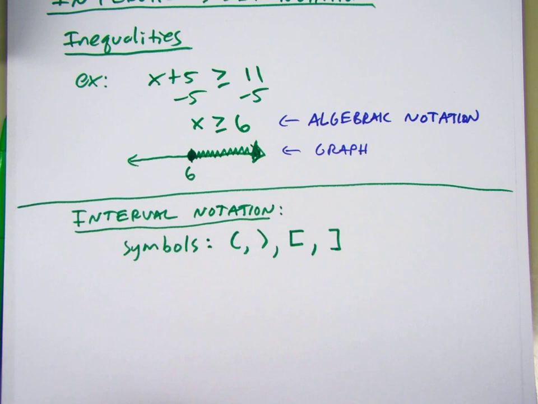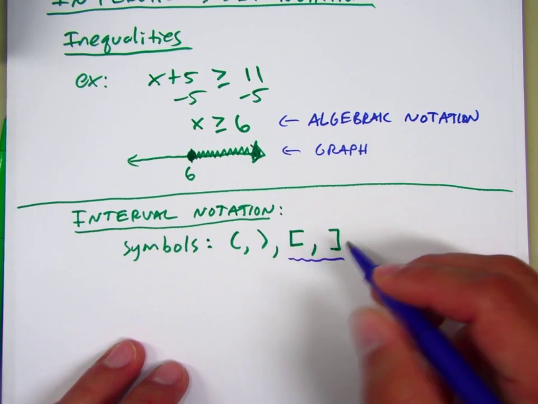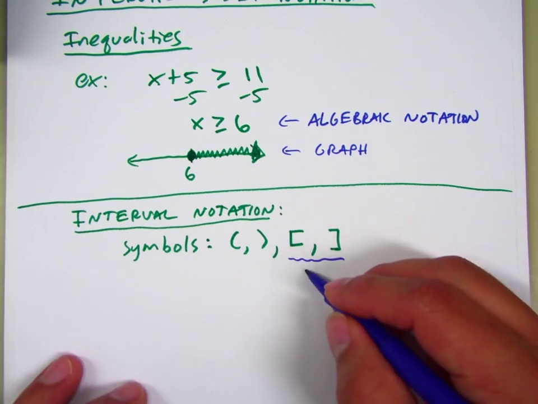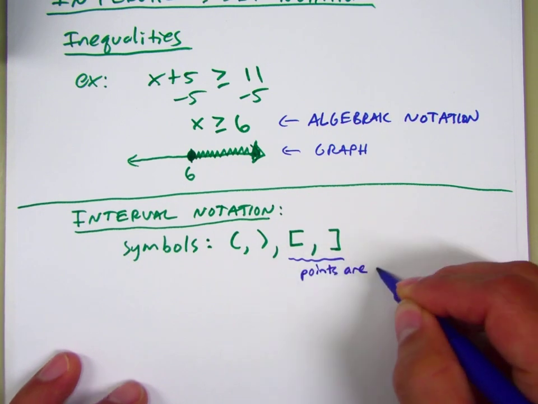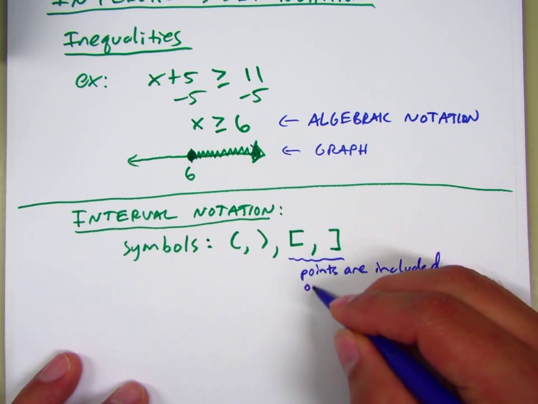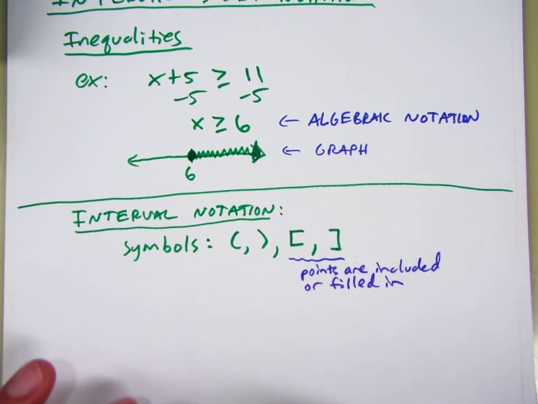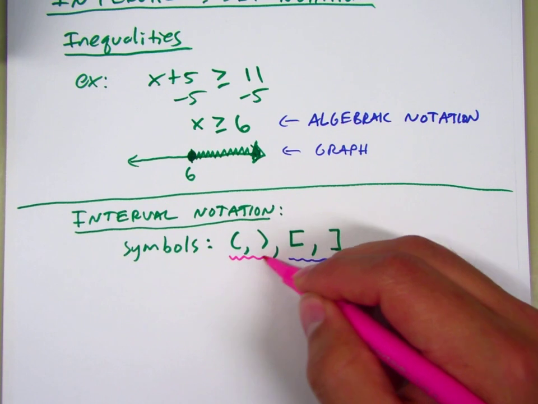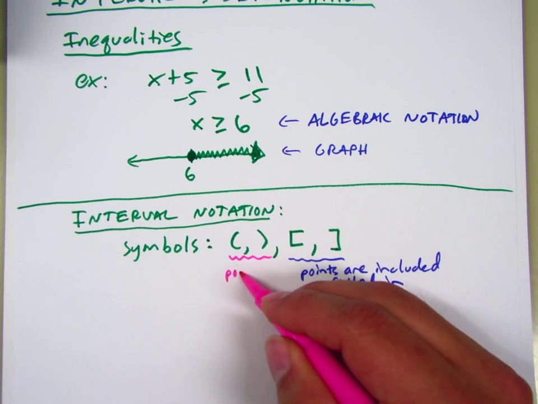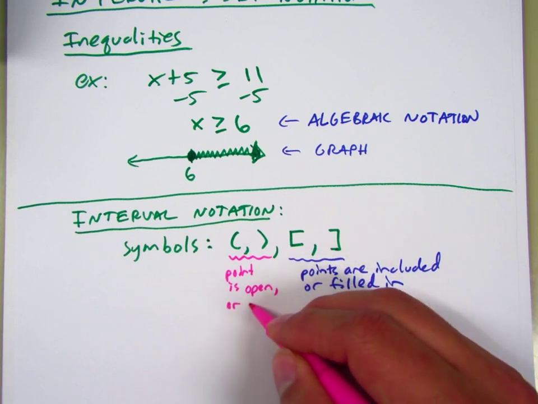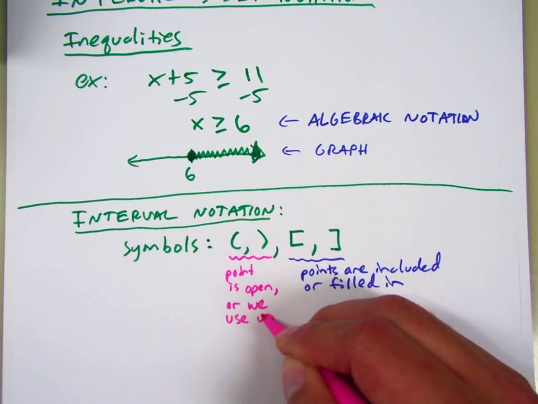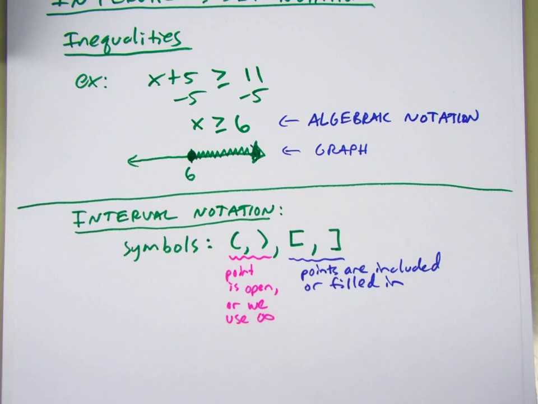You basically use brackets anytime a point is included or filled in. And parentheses are used if the point is open or we are using infinity as the boundary. I think this will make more sense with some examples, but all you do is just read.